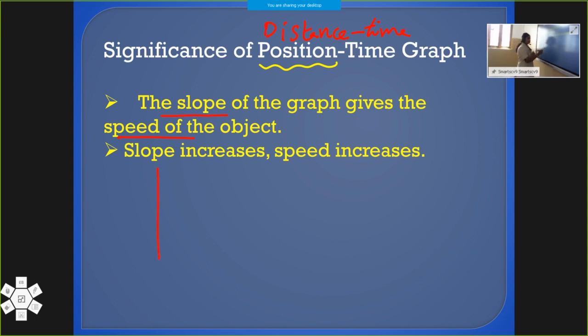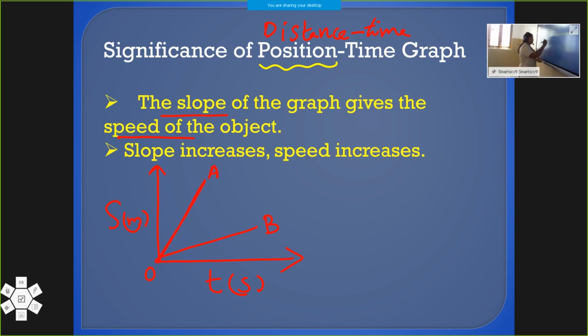Now I am going to give you a distance time graph, time T, and distance S in meter. I am going to represent the uniform motion of a car. Car A is moving and this is the graph of the car. Another car B is also in uniform motion. Look children, which has more slope?